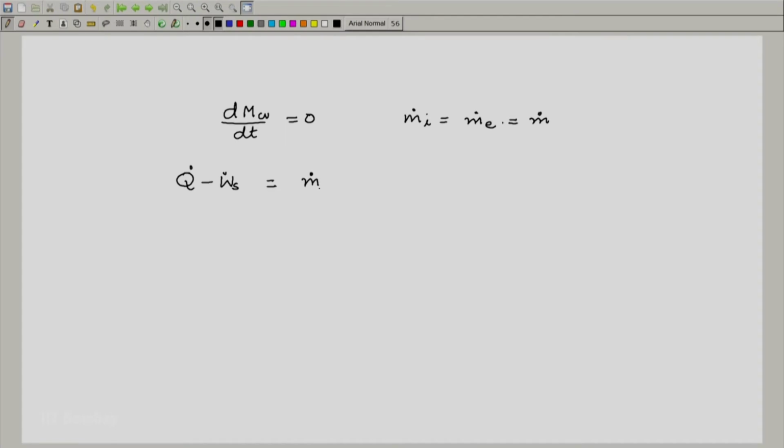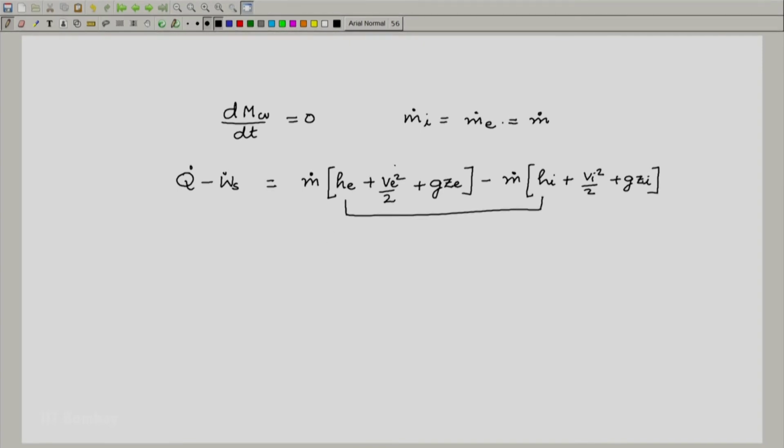So, I will not put a subscript I or E, I will write it as m dot (H E plus V E square by 2 plus G Z E) minus m dot (H I plus V I squared by 2 plus G Z I). And often one combines these terms and writes as follows.